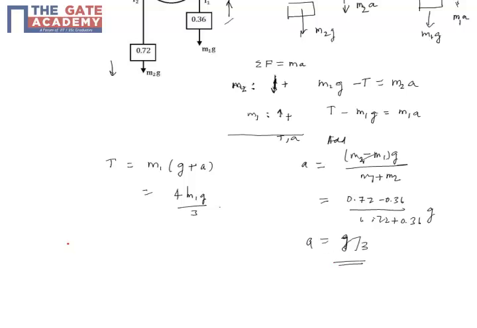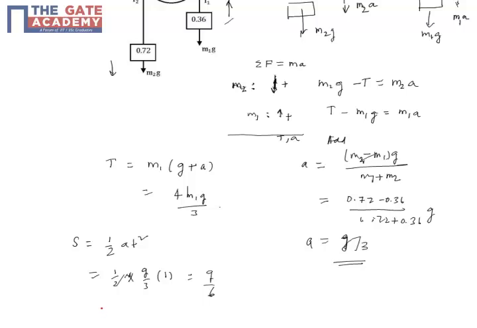Acceleration is constant, so the distance traveled by M1 will also be constant. That is half AT squared, because initial velocity is 0. So half into G by 3 into 1 second squared, so 1. So it is G by 6. So the work done by the tension will be the same on either of the blocks.